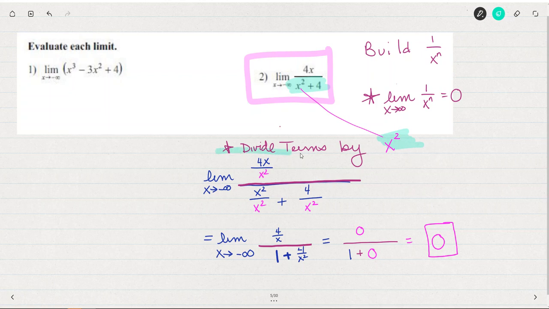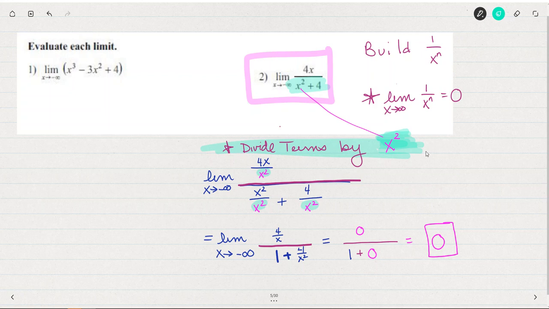And that's why we're going to divide every term in the numerator and denominator by x squared. Why did we choose x squared? Once again, we looked in the denominator and picked the highest power of x, which was x squared. So we get 4x over x squared over x squared plus 4 over x squared.